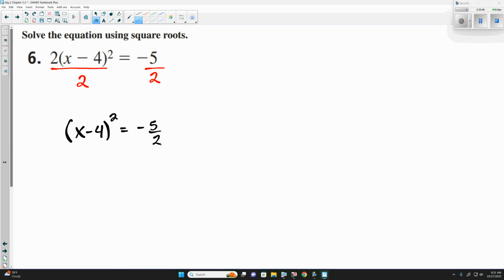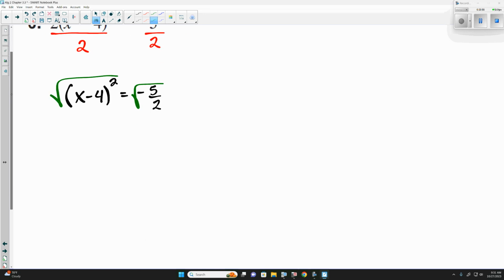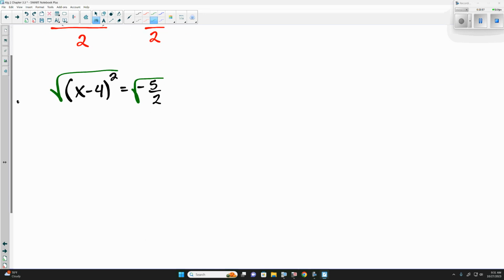The set of parentheses being squared is by itself, yes? So the next thing we would need to do is square root both sides. Square root of x minus 4 squared is x minus 4 equals plus or minus.